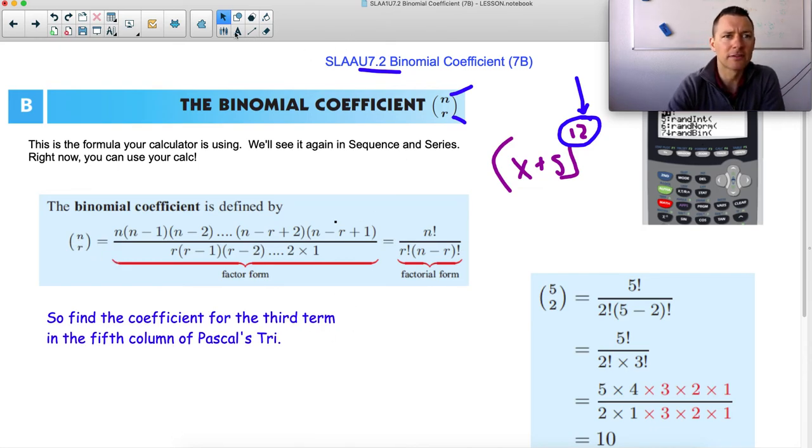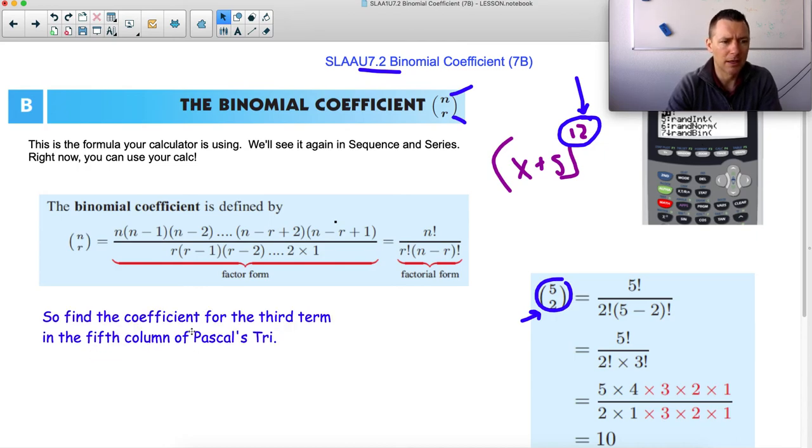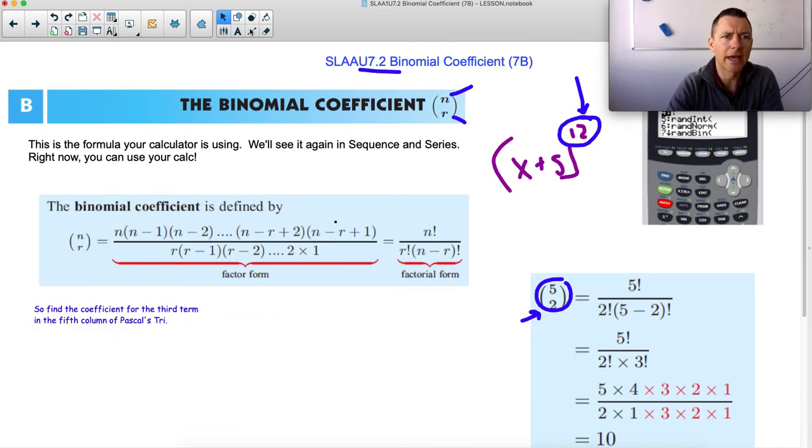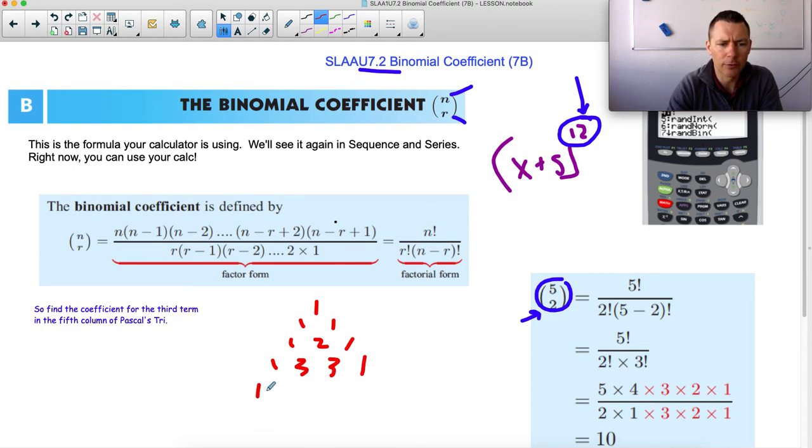So 5 choose 2 would be the third thing you see in Pascal's triangle on the 5th row. For example, if we were looking at 1, 1, 1, 1, 2, 1, 1, 3, 3, 1, 1, 4, 6, 4, 1, and 1, 5, 10, 10, 5, 1.